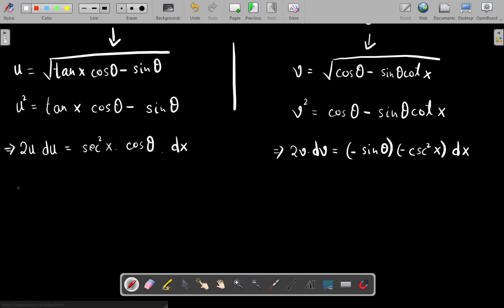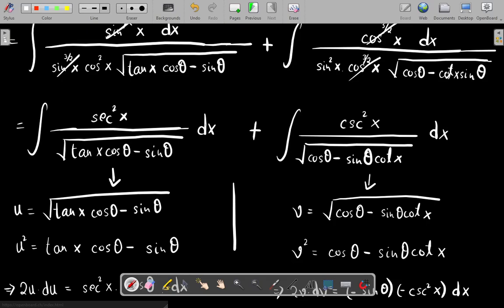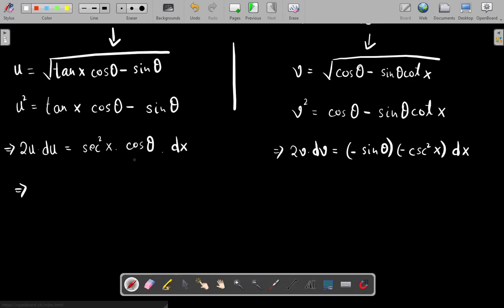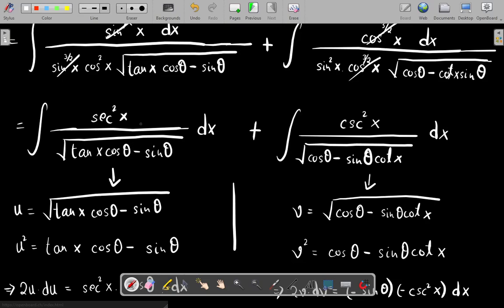Okay, so now in the original integral, the term in the numerator for this integral was sec square x dx. So let us isolate this sec square x dx and keep it on one side. So we have 2u upon cos theta du is equal to sec square x dx, right? We have isolated this sec square x dx, and this denominator is our u.